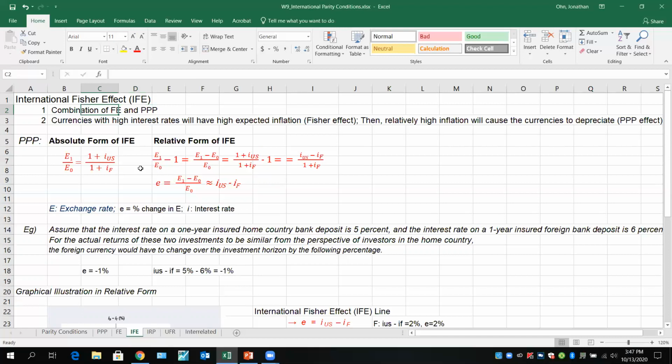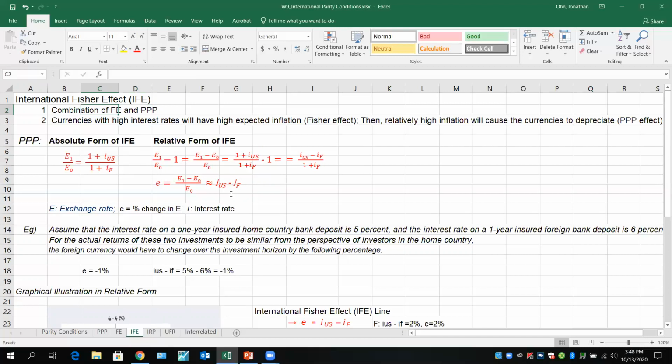So, for example, if the relative interest rate is high, first you have to go through the Fisher effect.